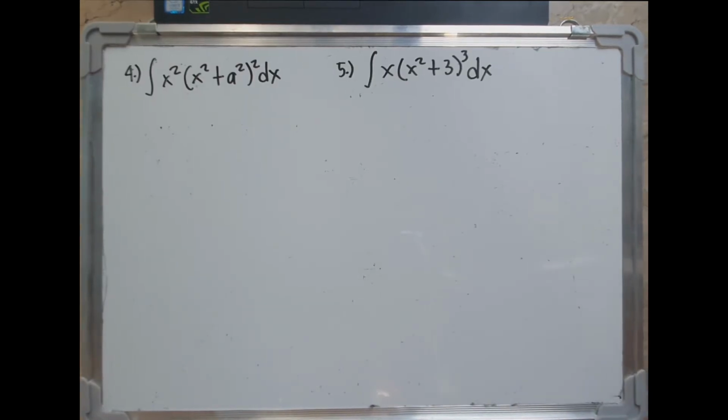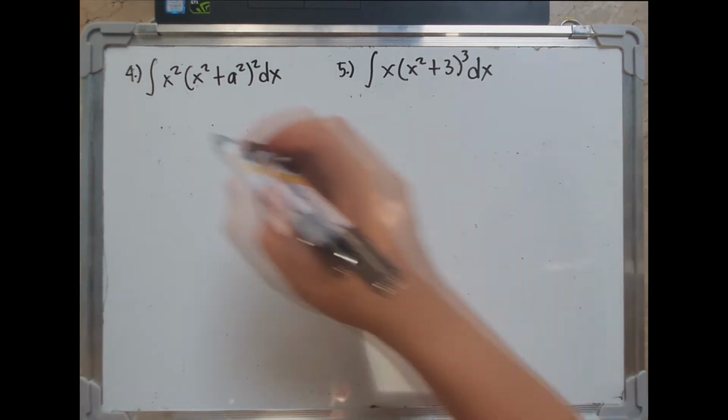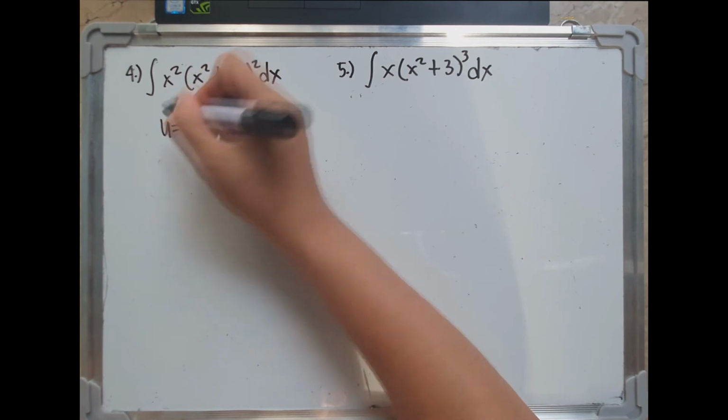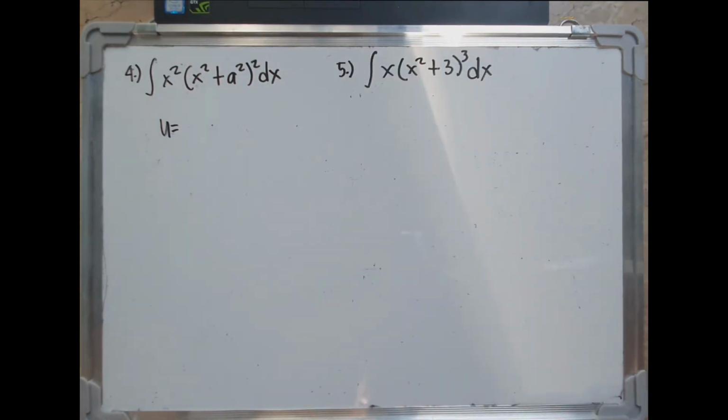Now let's solve problem number 4, the integral of x squared, quantity x squared plus a squared, quantity raised to the power of 2, dx. Now in our previous examples, we kept on finding what is the value of our u so that we could replace some algebraic functions.